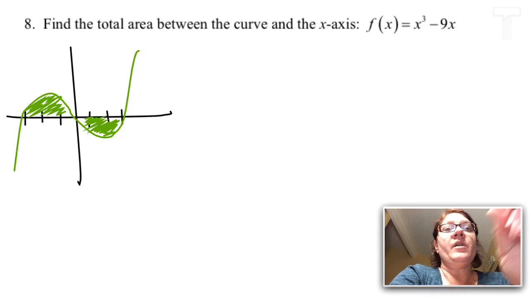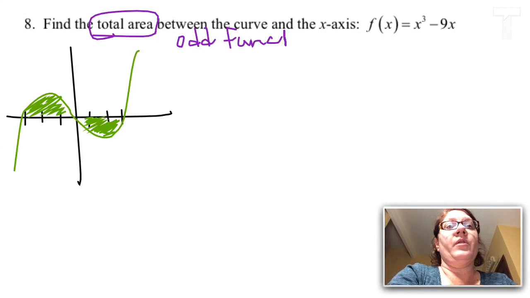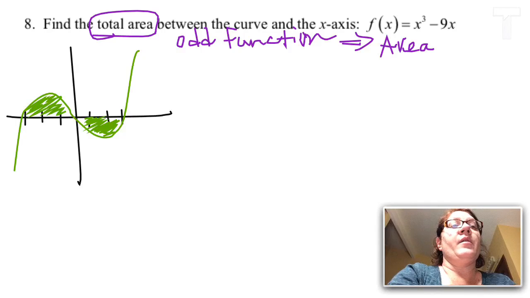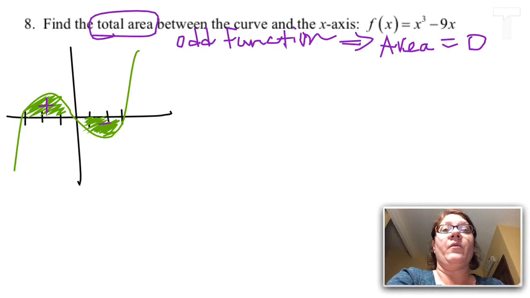On this next one, you'll see a lot of these types of problems now that you know how to do area. We're asked for total area. And of course, because this one happens to be an odd function, as we discussed earlier in this lesson, we know that if we look at the area, it will actually be 0 if we just start adding up the parts, because this left part is positive, this right part is negative, and they'll cancel each other out.